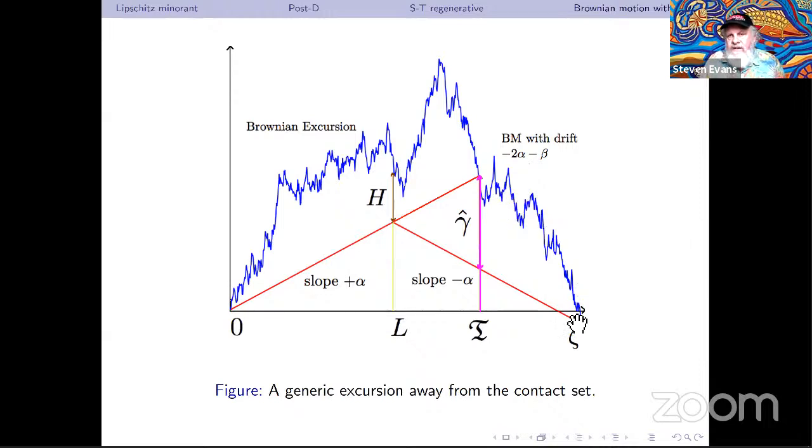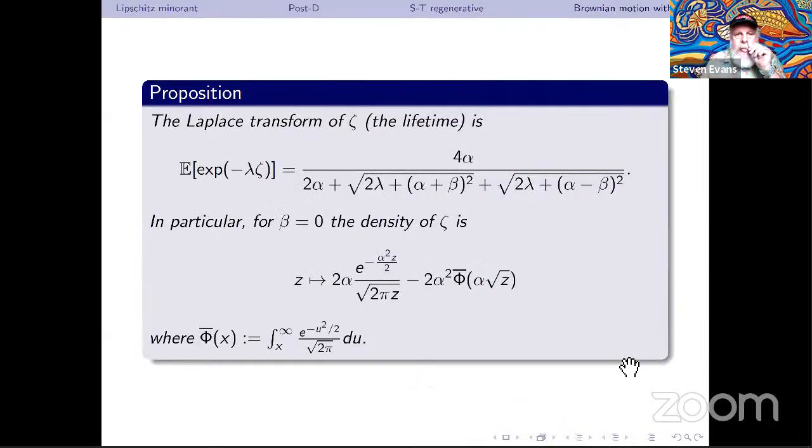And then we have a Brownian motion with drift that's had a slope minus alpha added to it. I know that that's a lot to take in, but reading off from that, we can get explicit expressions for Laplace transforms, and in some cases densities of various things.